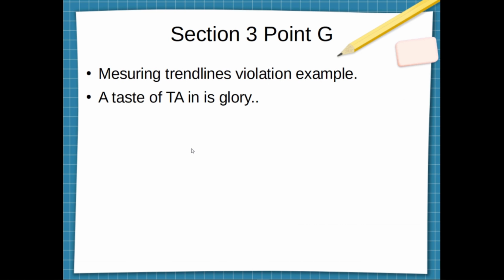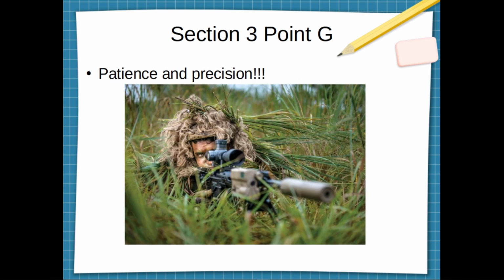Okay, now there is a question of measuring trend line violation. There is absolutely no way to show you this using text. Okay, so I am gonna start by trying to get you some examples, and maybe you'll appreciate the fact. First of all, do you remember this image?